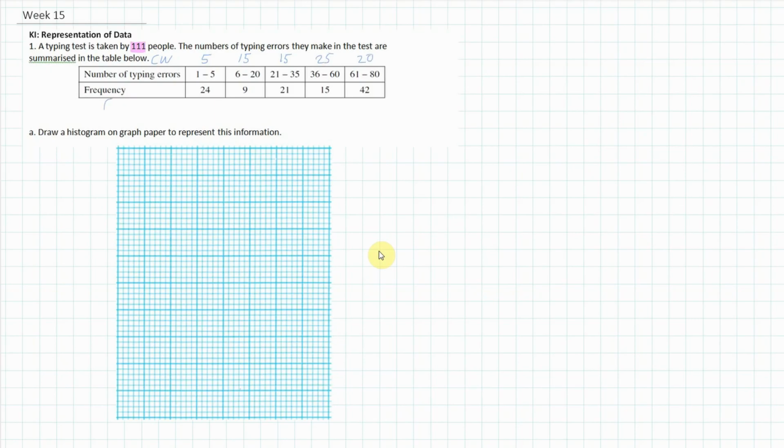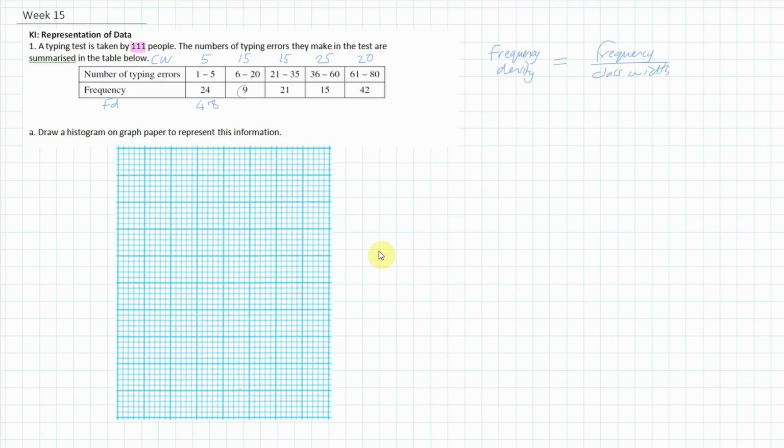And now we're going to work out our frequency densities. Remember that frequency density is equal to the frequency over your class width. So for the first one, I'm going to go 24 divided by 5, giving me 4.8.